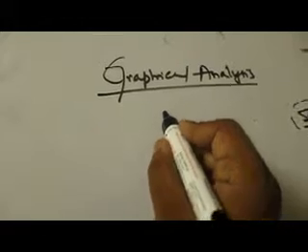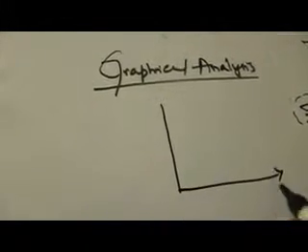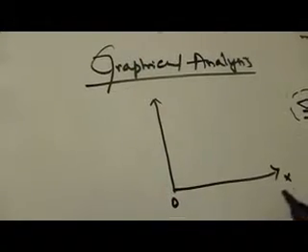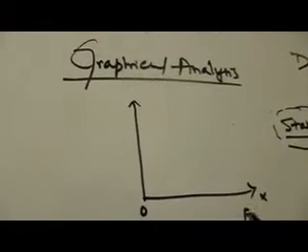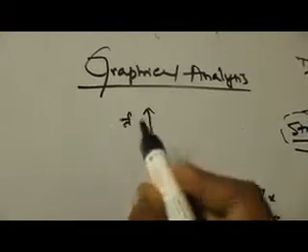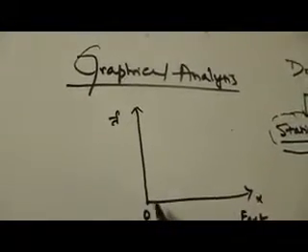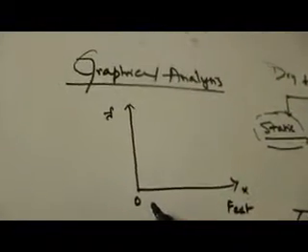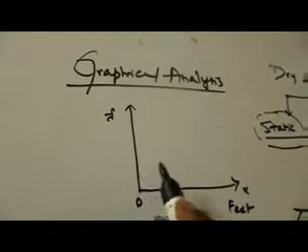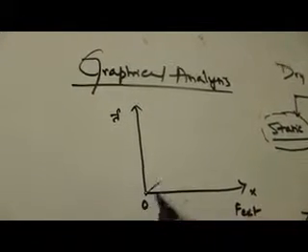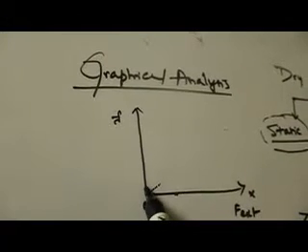For example, if I draw a graph taking the external force applied, F external, on the x-axis and the frictional force developed on the y-axis, you see, dear students, when the external force is 0, the frictional force will be 0, and when you go on increasing the external force, the frictional force also increases.